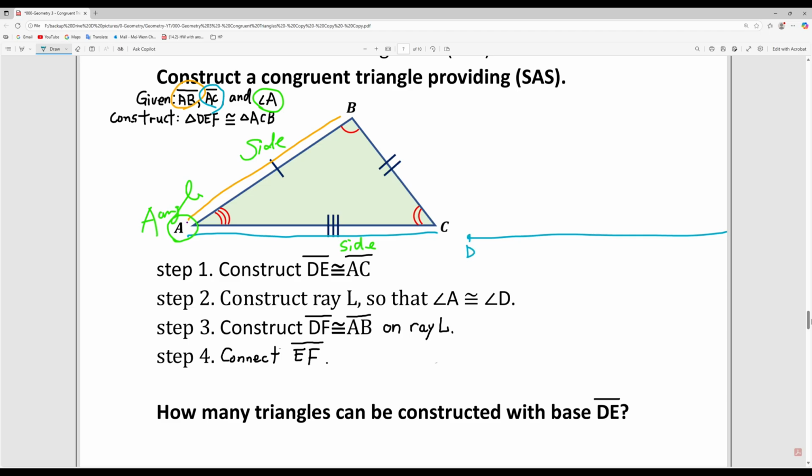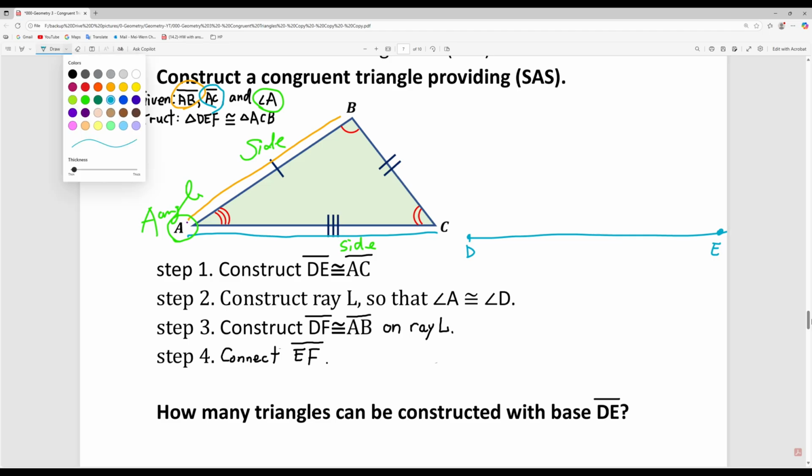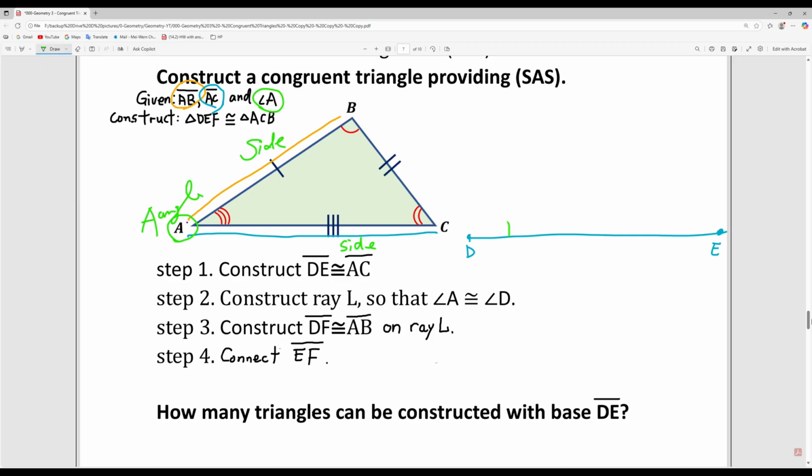DE congruent to AC, and then construct a ray L so that angle A congruent to angle D. So there's a green color. You want to construct a ray. Basically, you want to construct angle D. And this angle D start on DE and end here.